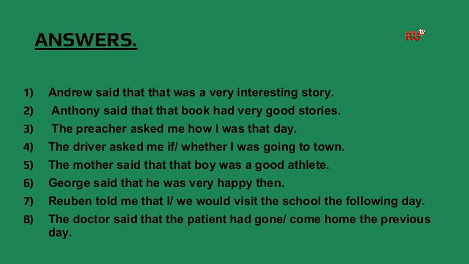George said that he was very happy then. Number 7, Reuben told me that I would visit the school the following day, or Reuben told me that we would visit the school the following day. Again, that one we got it correctly.